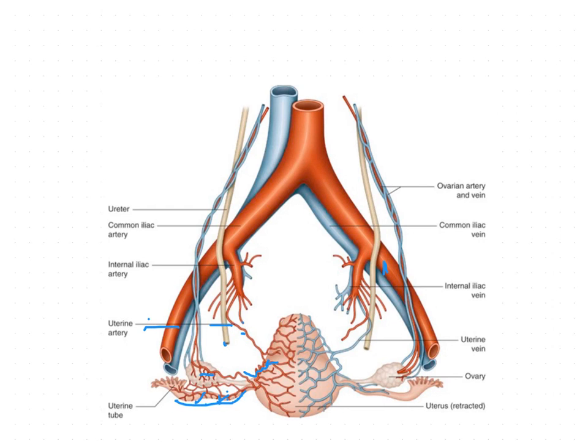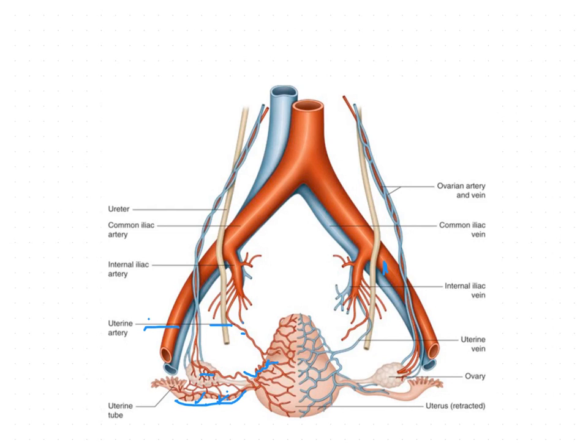Now if you see the common iliac arteries, these are the common iliac arteries. These common iliac arteries are the terminal branches of the abdominal aorta, beginning in front of the L4 vertebra, 1.25 centimeters to the left of the median plane.